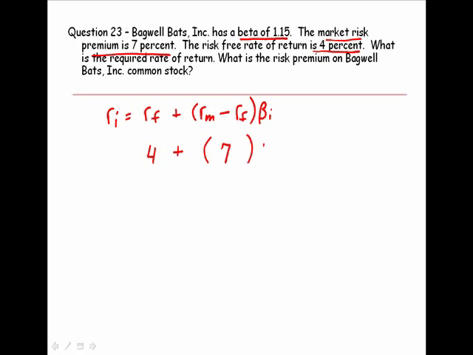This beta is 1.15. So we get a required rate of return of 12.05%. That's the required rate of return. We were also asked for the risk premium on Bagwell common stock. This portion of the capital asset pricing model is the risk premium on the stock.